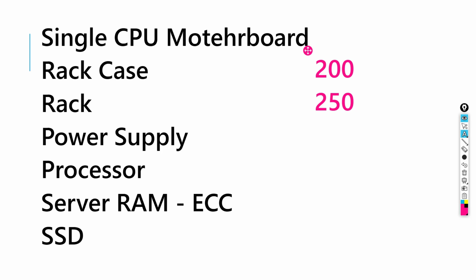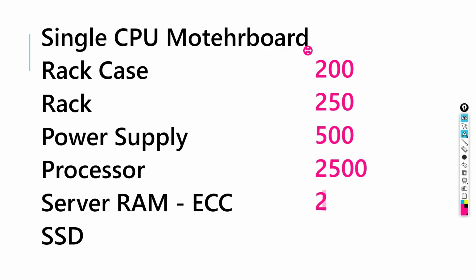Then the power supply is very important because the motherboard will be getting power from it. So here the power supply would be costing you around $500 to $600. I'll just go with the basic cost. Processors are not cheap. A processor may cost you around $1,500 to $2,500. I'll go with the 2500 one.